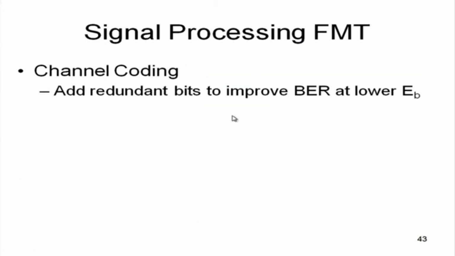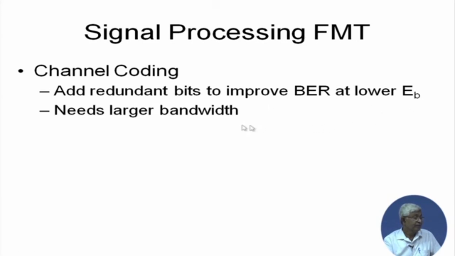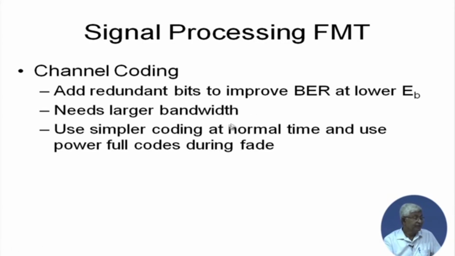In channel coding, additional bits are added to improve BER at lower Eb by N naught. You need larger bandwidth obviously, so use simple coding at normal times and use the full power code during fade. So you can increase the bandwidth and get more error correction when the fade is occurring.